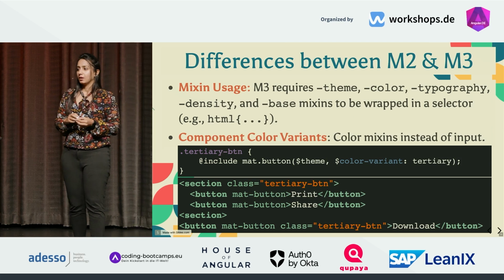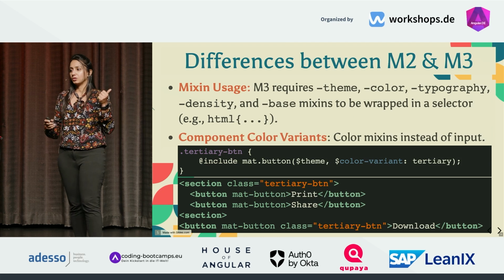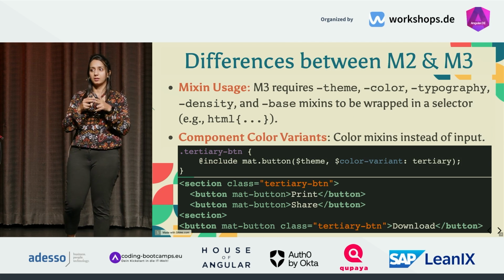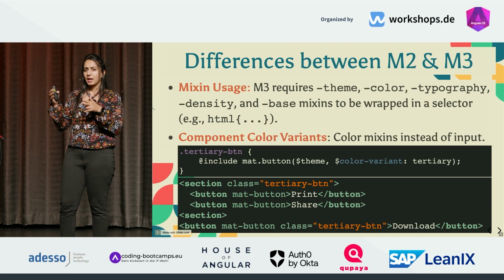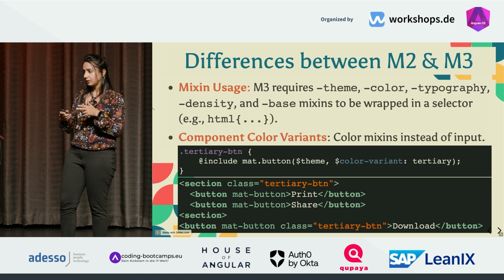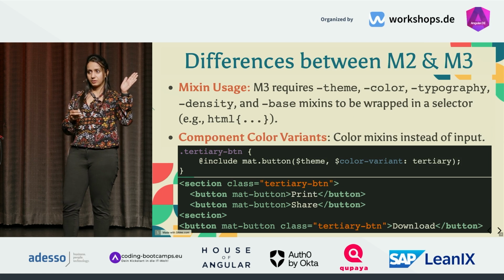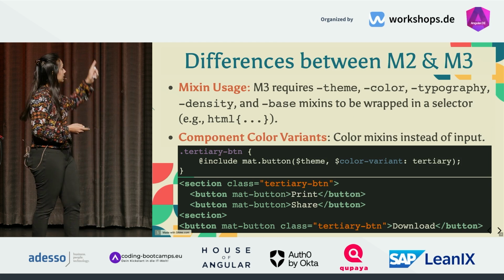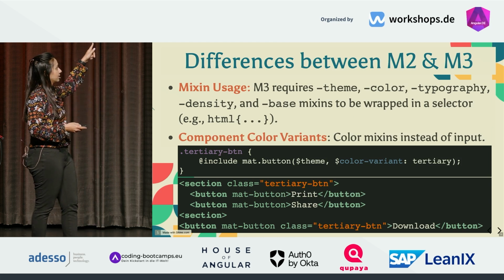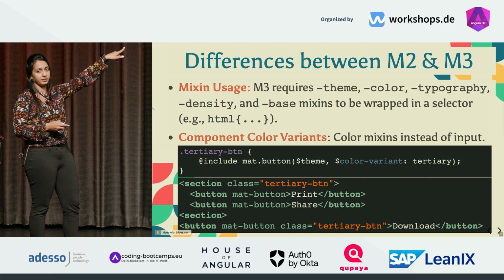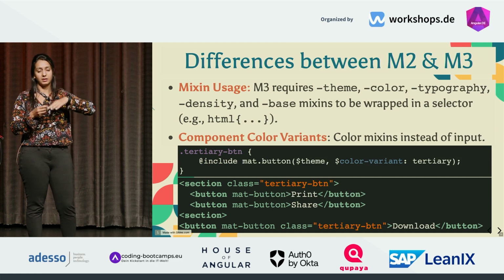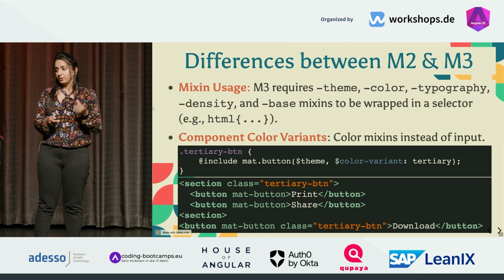And like I mentioned earlier, instead of having color primary or color equals accent or warn, they prefer having CSS classes because they're more extendable and adoptable, which also makes it easier, right? If you just define it once, the tertiary button, the color variant to be tertiary, all the buttons inside that CSS selector will get those styles.